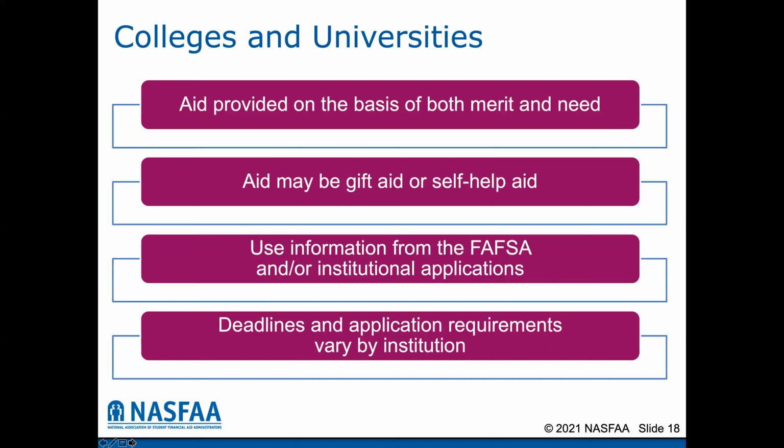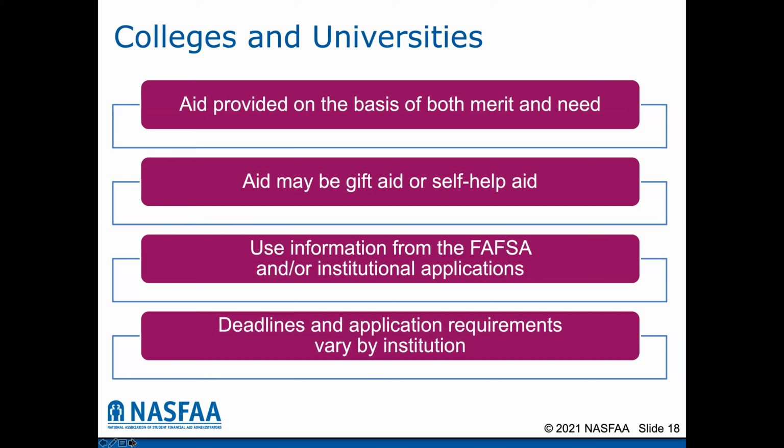Now, you haven't heard us say it yet, but you will hear us say it several times. The FAFSA is the free application for federal student aid. You do not have to pay anybody to fill out this form, the free application for federal student aid. But the CSS profile form, which a lot of private schools use, and there is a list on their website, there is a charge for that form.